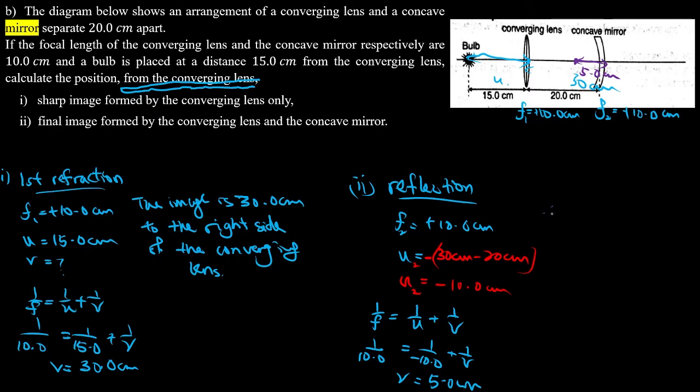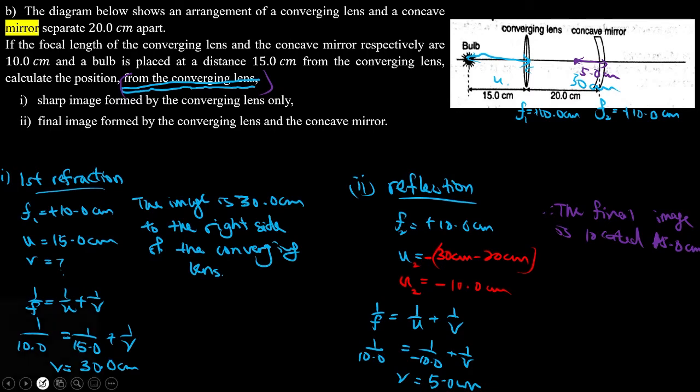So you have to make a conclusion from the converging lens, because the question asks you to determine the position from the converging lens. It's actually the final image. You have to write down that this answer is located at 25.0 cm. Not 25, it is 15, sorry. Why is it 15?